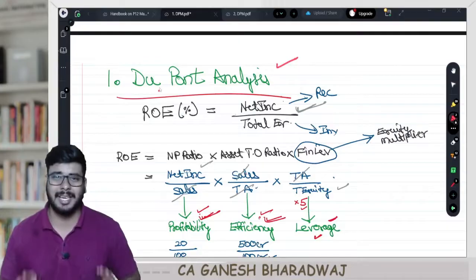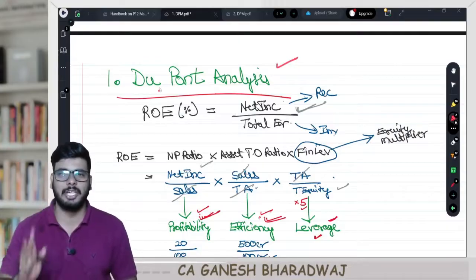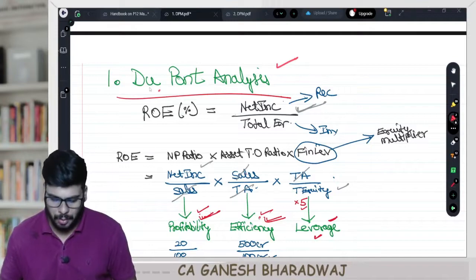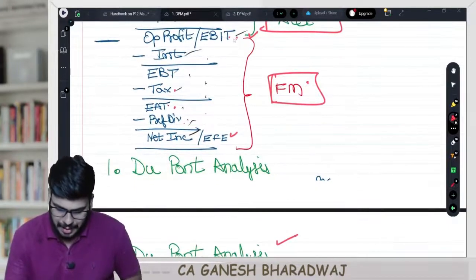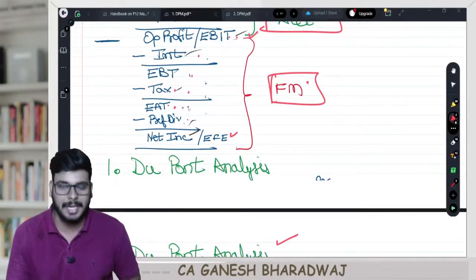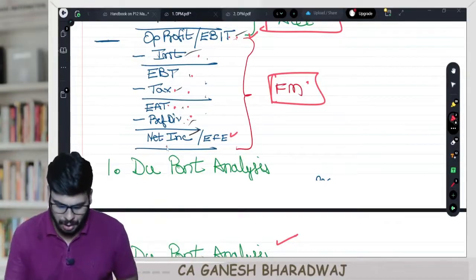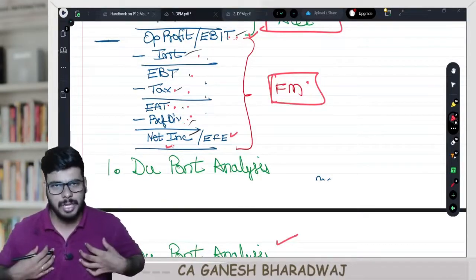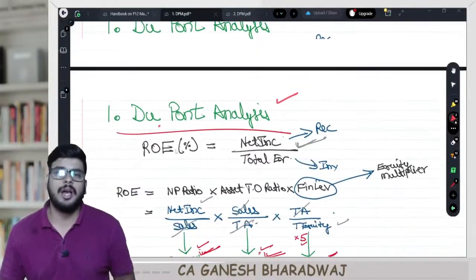Now, what does this say? Simple, guys. It talks about return on equity. What is the formula? Now, guys, if you look at the statement, you have EBIT minus interest, EBT minus tax, EAT. You further reduce preference dividend. Whatever amount is left over is called net income. This belongs to whom? The equity shareholders, right? Now, the return on equity, if you are calculating, how will you calculate it?